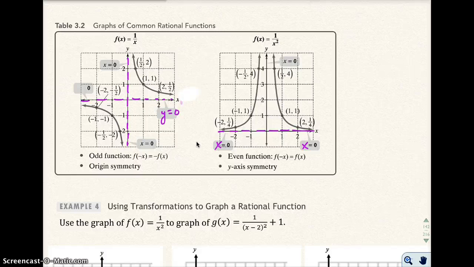So y equals 0 is this line here. x equals 0 is that line. And then here it's x equals 0. Oops, y equals 0 here. So y equals 0 on this line, and then x equals 0 is this line right here.